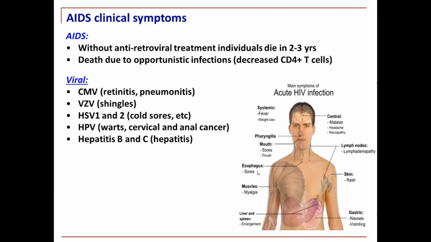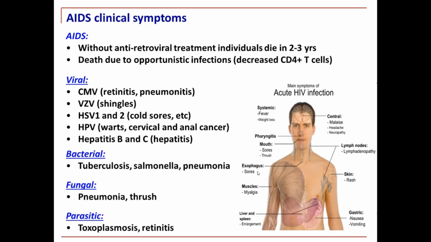Some of those infections that people get will be cytomegalovirus infections leading to retinitis and pneumonitis, varicella zoster virus leading to shingles, herpes simplex virus 1 and 2 leading to cold sores and genital sores, human papillomavirus leading to warts and cervical and anal cancers, and your hepatitis B and C viruses leading to hepatitis, obviously.